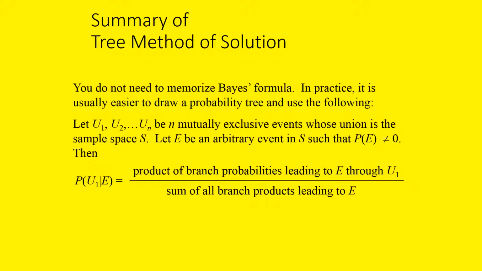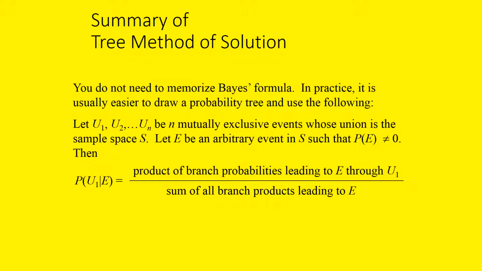So the tree method statement of Bayes' rule: you have U1, U2, ..., UN, n mutually exclusive events representing different paths along the tree. Their union is the sample space S. Let E be an arbitrary event in S, such that the probability of E is non-zero. Then this is true.